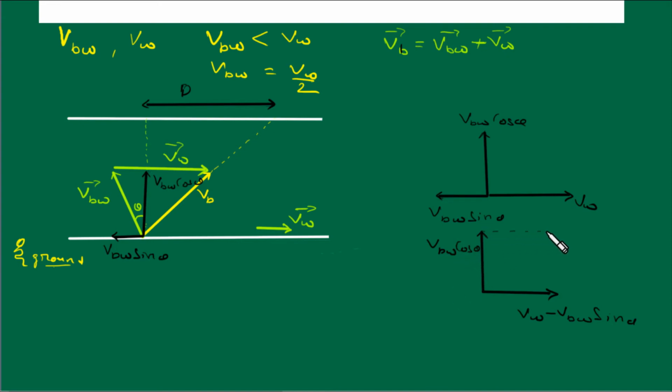So finally this will be the resultant which we got, that VB. But now obviously we don't need this. Let's say this direction is x, and this is y.